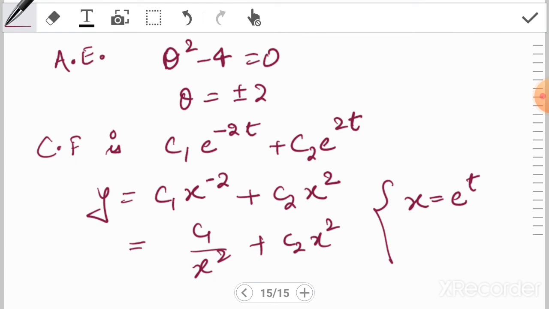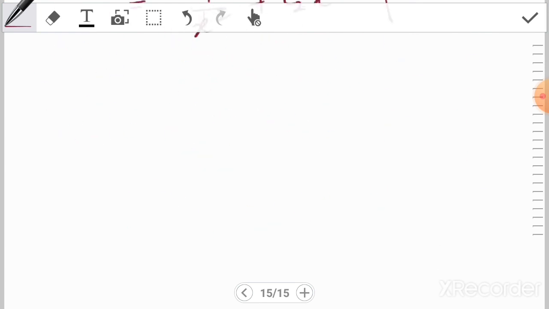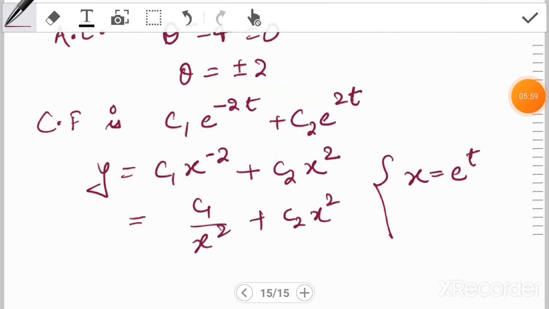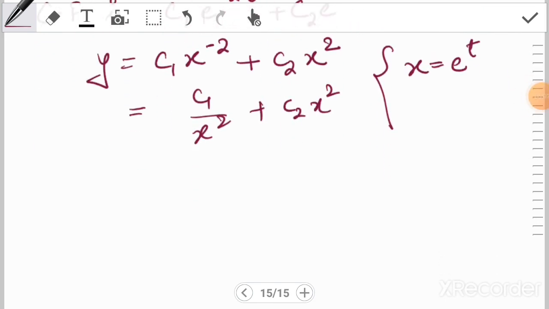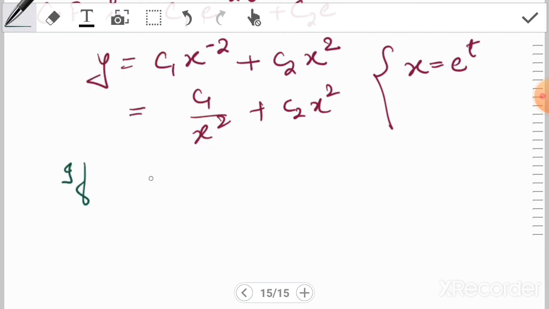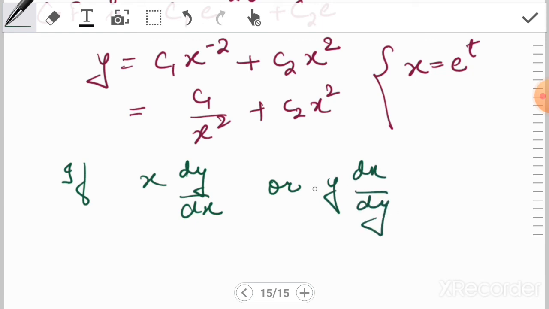Now we have another method to solve. Before that, let me tell you when to apply linear approach and when to apply variable separable method. So if you find x dy by dx or y dx by dy in the differential equation, then apply linear approach.